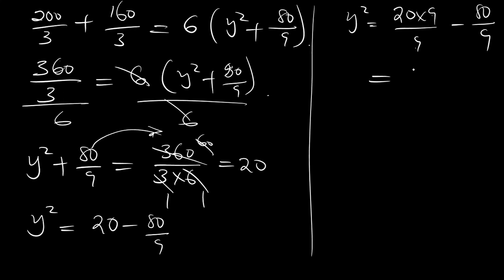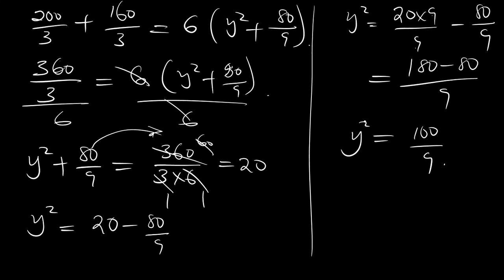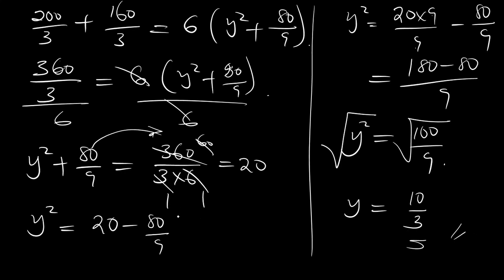So this will be 180 minus 80 divided by 9, which will give us 100 divided by 9. So taking the square root of both sides, you now have y equal to 10 all over 3. So that is the final answer.